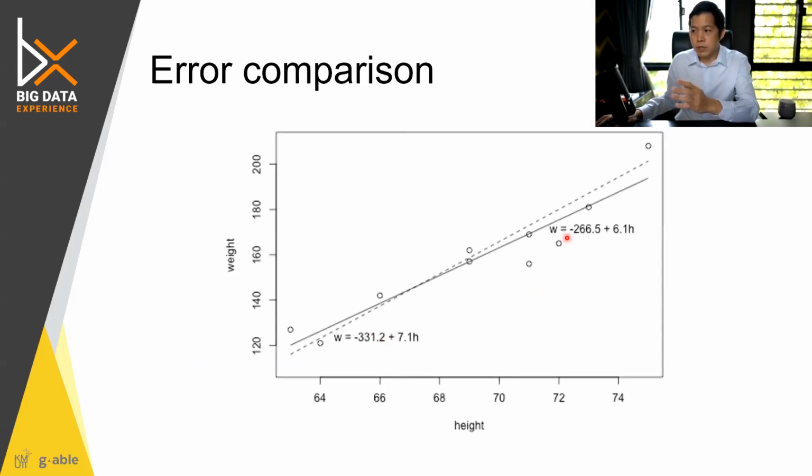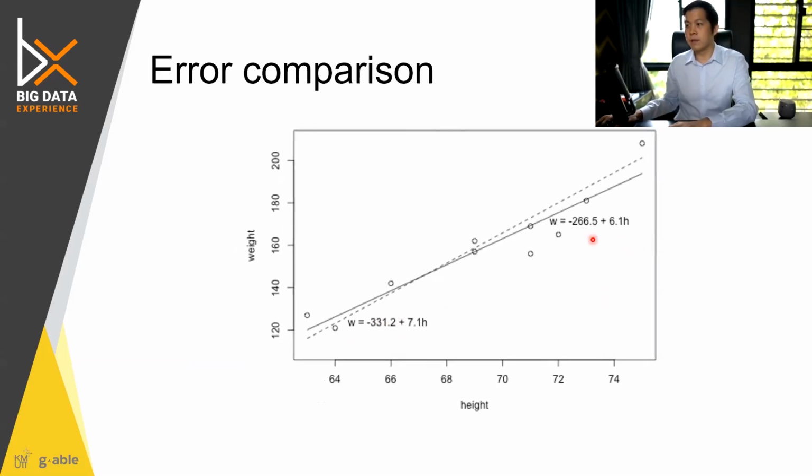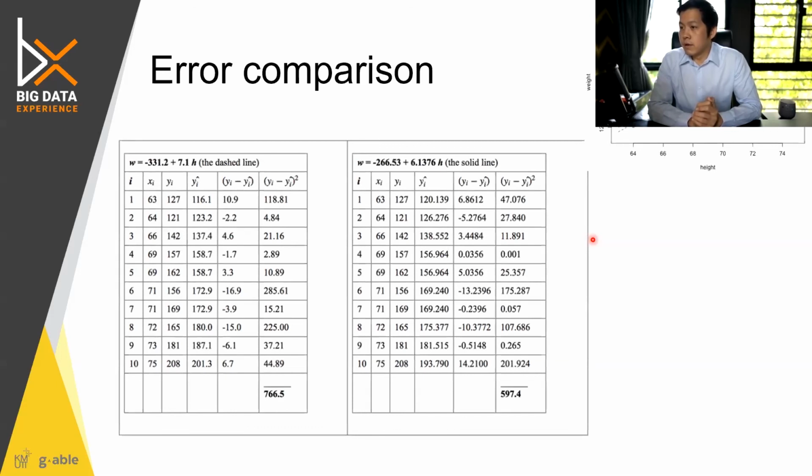So comparing between these two, right, the minus 300 and the minus 200. Okay, if we calculate between them, the first one will give you the residual here, like this column, and calculate the square, and sum them. The dashed line, the minus 300, you get 766.5 error here, and for this minus 266, you get 597.